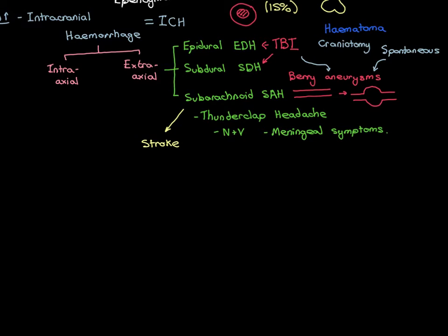So let me just remind you of the different forms of stroke. We divide strokes into two major categories: ischemic strokes and hemorrhagic strokes. Let's begin briefly by talking about what an ischemic stroke is, and then we'll talk about the one that's important to us, which is hemorrhagic stroke.